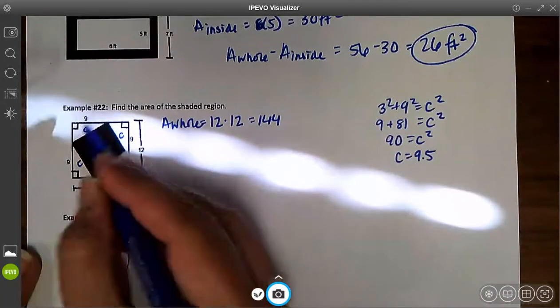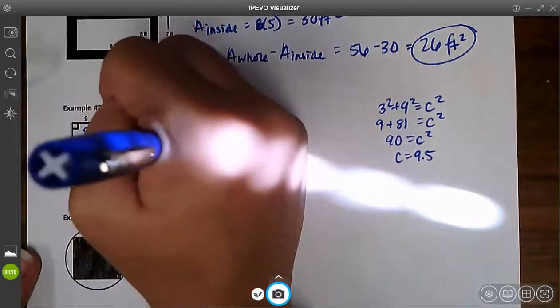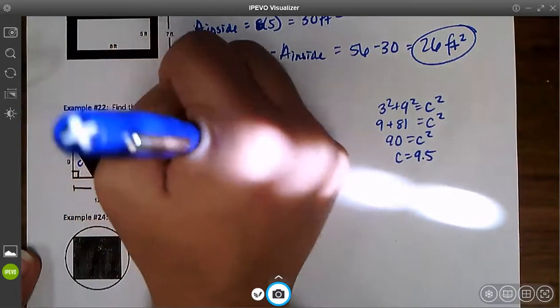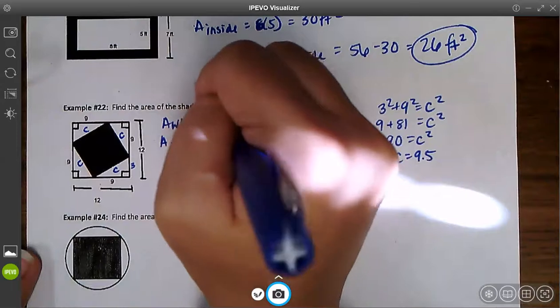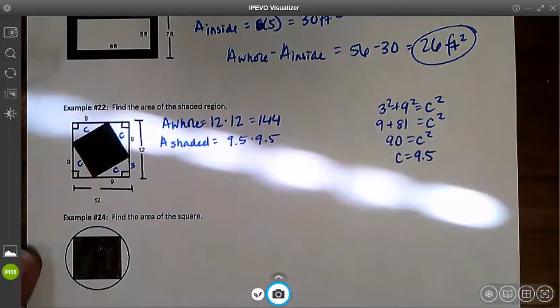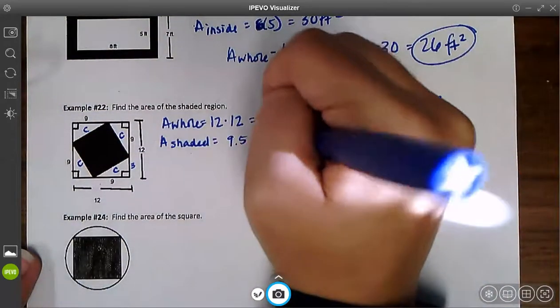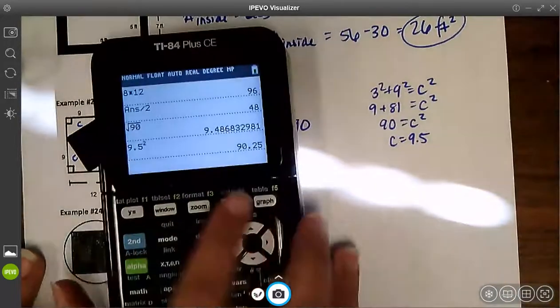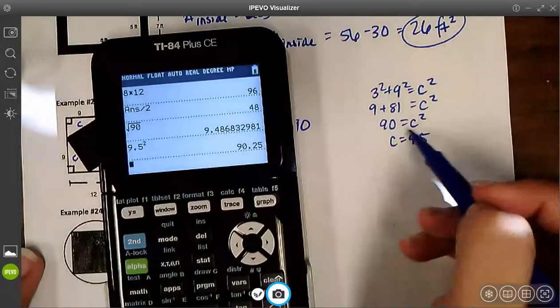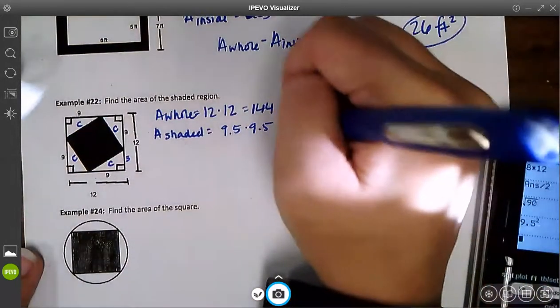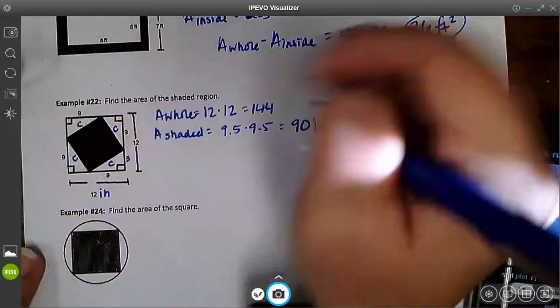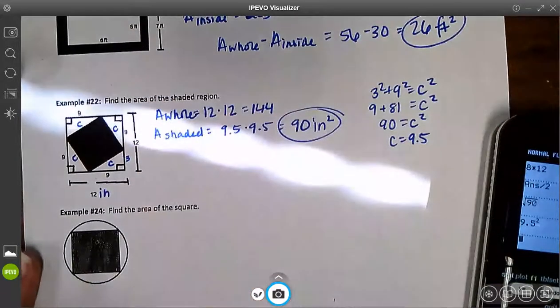So since that's this side, the area of the shaded region is going to be that 9.5 times 9.5, or 90. If you round it, then you get 90.25, but because we know that c squared was 90, that's what it's going to be. So we're going to say inches squared on this one. You didn't even really have to find the area of the whole thing.